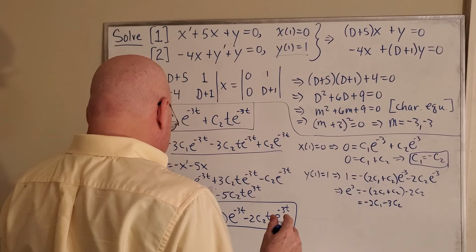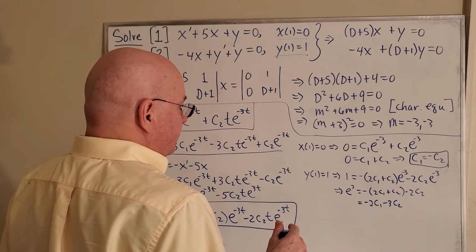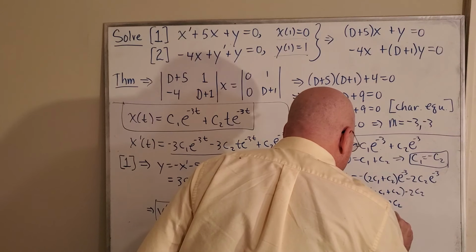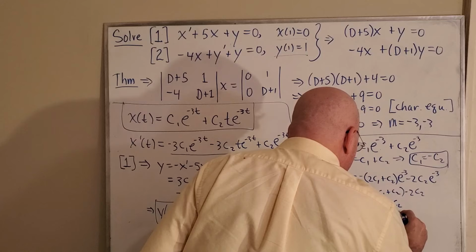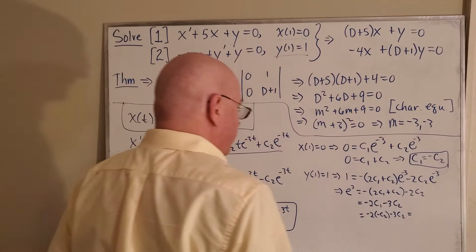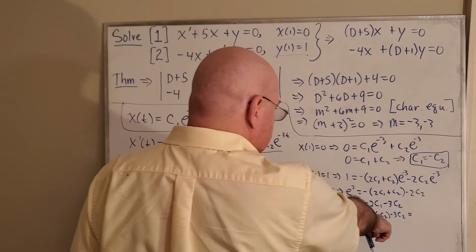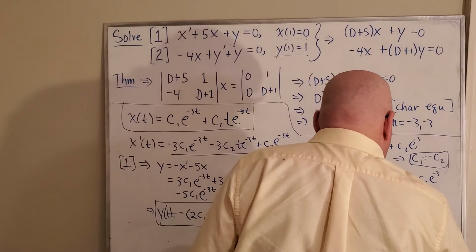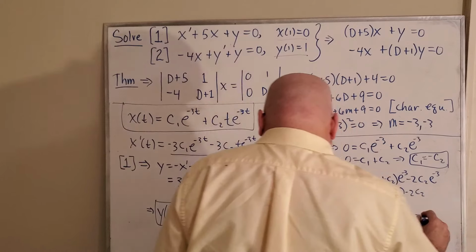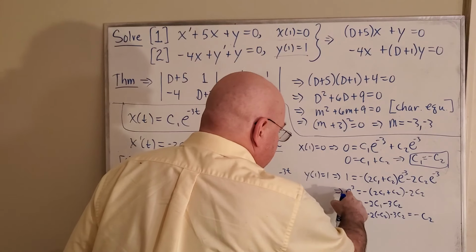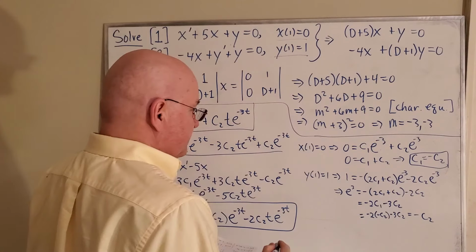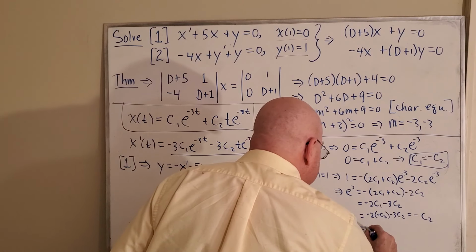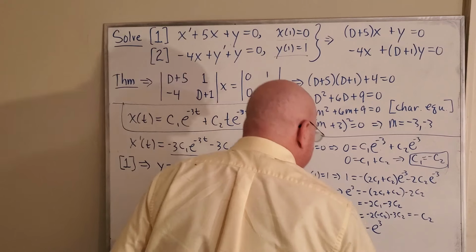Now let's go ahead and use the fact that C1 is negative C2. That would give us a positive 2C2 minus 3 would be a negative C2. So e cubed is negative C2, implies C2 is negative e to the third.